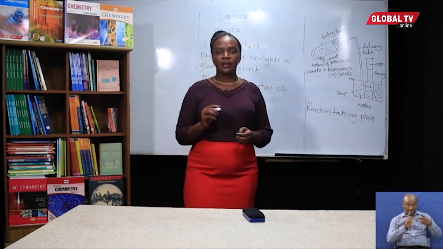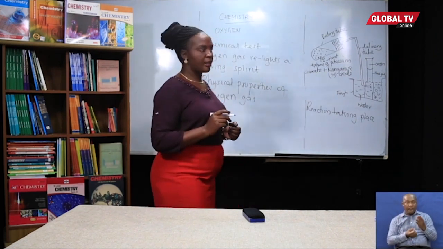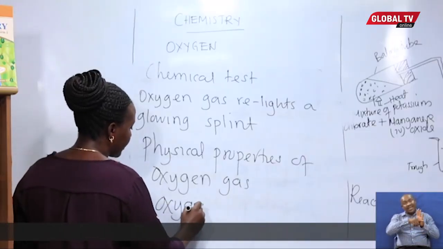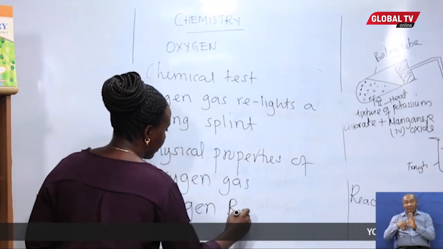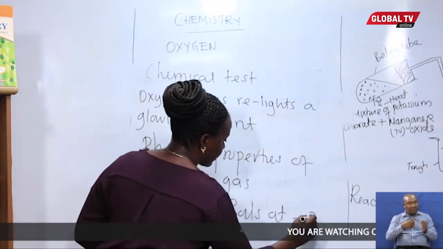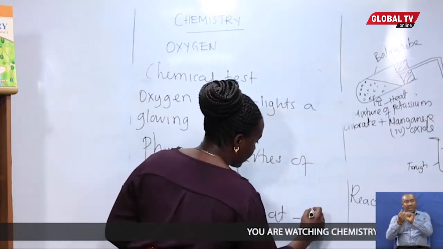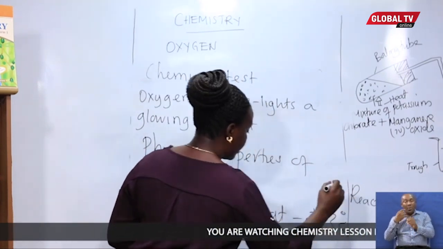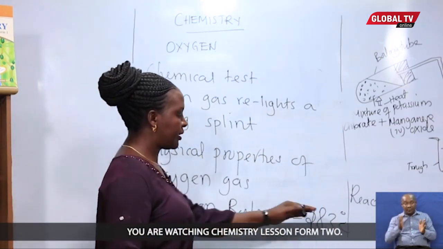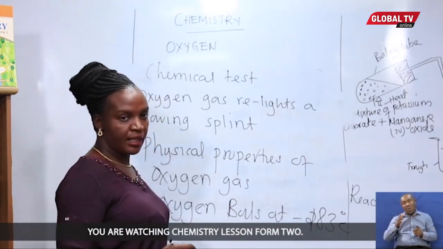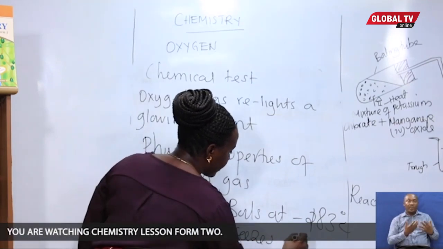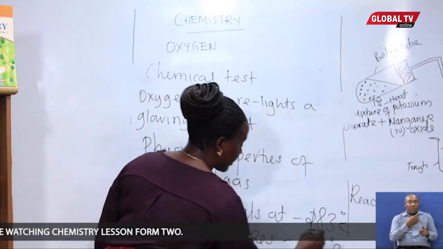Number two, it is about the boiling point of oxygen. Oxygen boils at negative 183 degrees centigrade, and it freezes at negative 218 degrees centigrade.